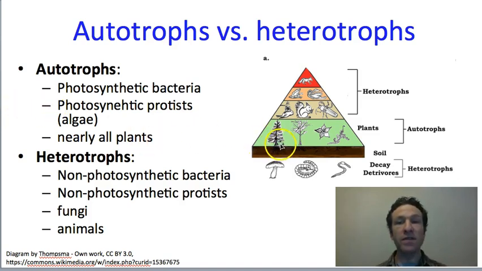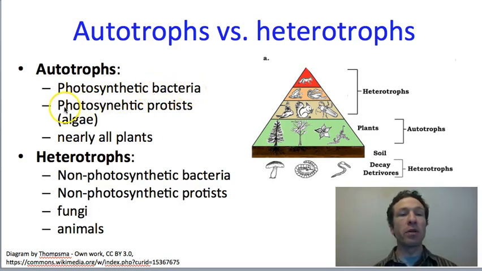Autotrophs and heterotrophs occupy different levels in a pyramid. Different feeding levels are referred to as trophic levels, and so we can refer to this pyramid as a trophic pyramid. In a pyramid like this, the bottommost level will be the autotrophs, and that can be plants as diagrammed here, but this can also include photosynthetic bacteria like cyanobacteria.